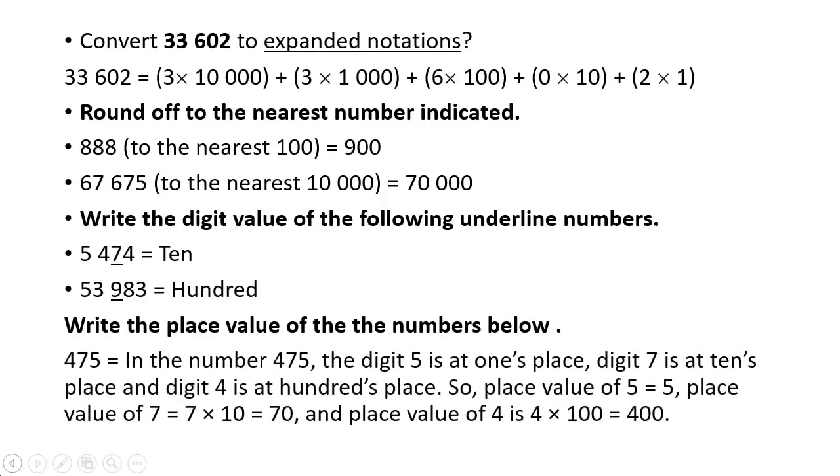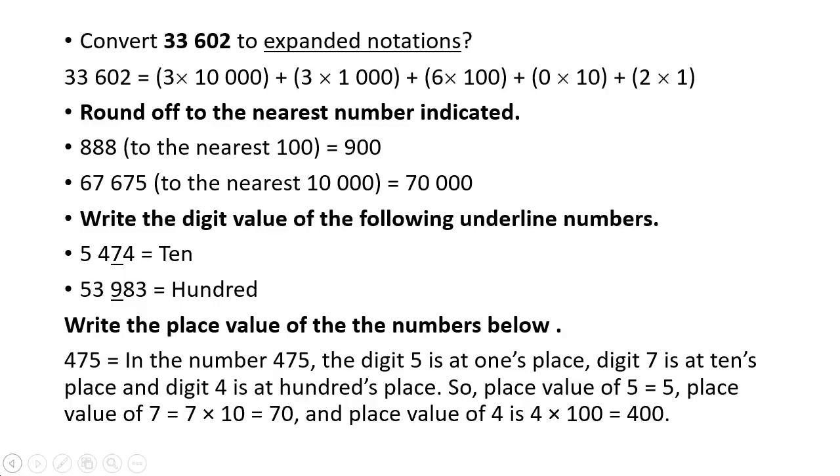Now I want you to see the difference between when they ask a digit value and when they ask a place value. There is a difference between the two. Say, for example, they say write the place value of the number below. The number is 475. In the number 475, the digit 5 is at the 1's place, the digit 7 is at the 10's place, and 4 is at the 100's place.